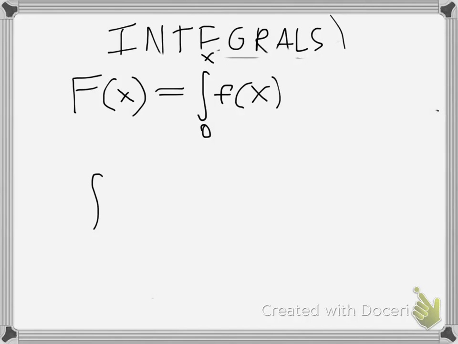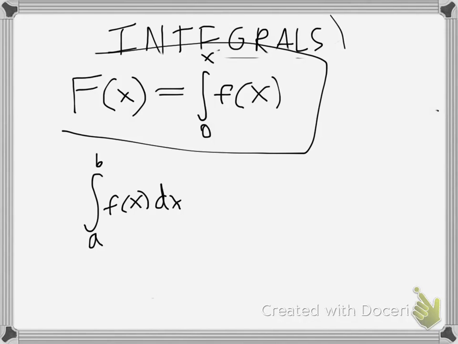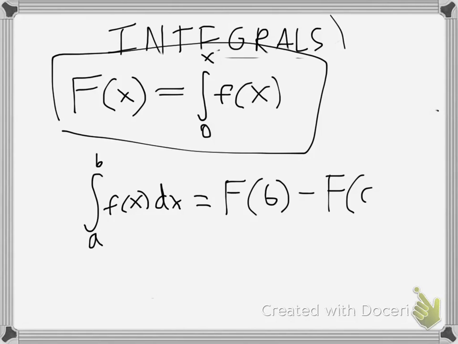What we want to do is find the integral from a to b of f of x dx, the area under the curve from a to b. Okay, and what it says is that the area under the curve from a to b of f of x equals F of b minus F of a.